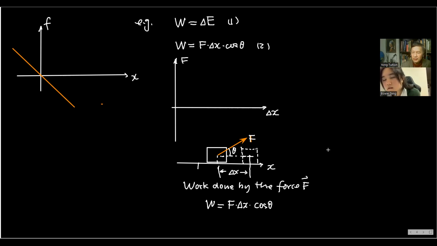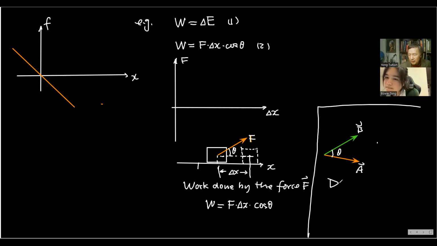In general, if you have two vectors, this is A and that is B, and the angle between them is denoted as theta, then the dot product, but this is the mathematical part, this is just math.